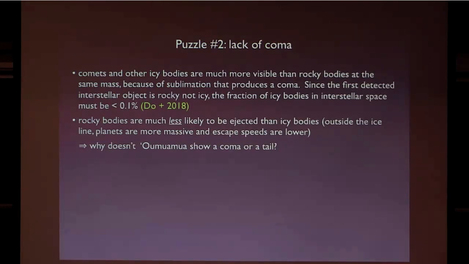On the other hand, in standard models of planet formation, rocky bodies are much less likely to be ejected than icy ones. There's more matter outside the ice line. Outside the ice line, the escape speeds from the planets are larger, and so it's easier for them to eject things. The escape speeds from the system are lower, so it's a real puzzle why it doesn't show a coma or a tail.